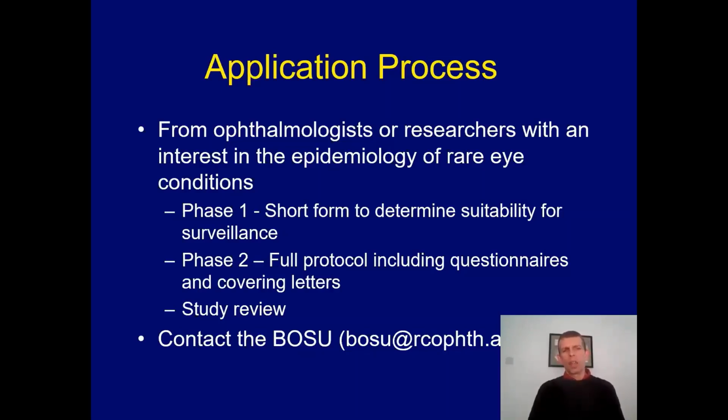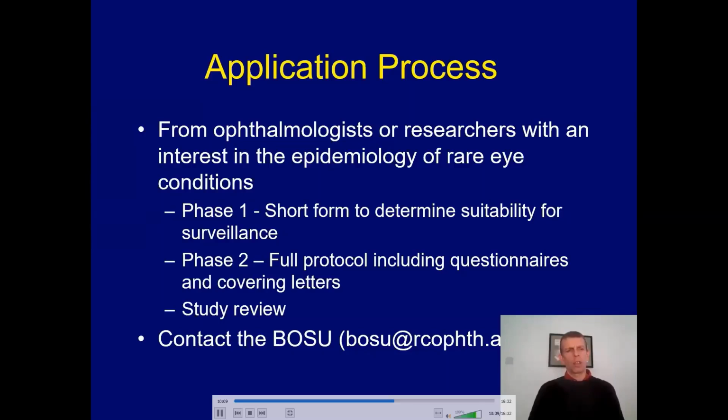It will also include an indication of likely numbers and the source of any denominator that will be used. And it should also include a section on the anticipated impact of the study on either service provision or future research.